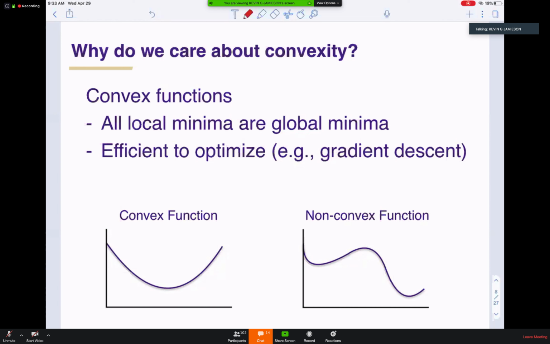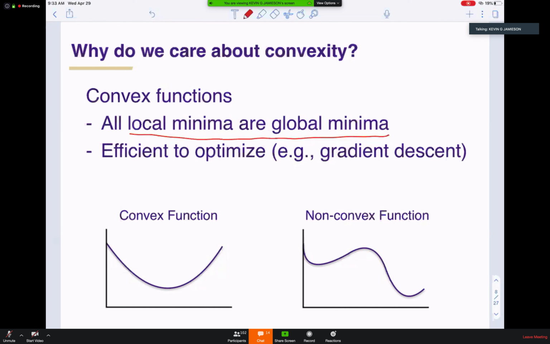But one of their biggest properties that we love is that for convex functions, all local minima are global minima. You're at a local minimum if you look around you in every direction and the function is increasing.